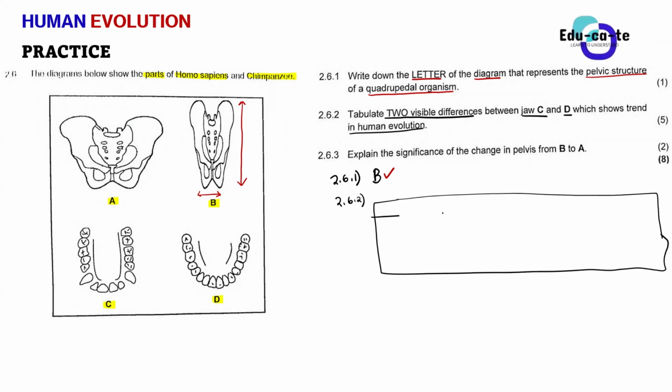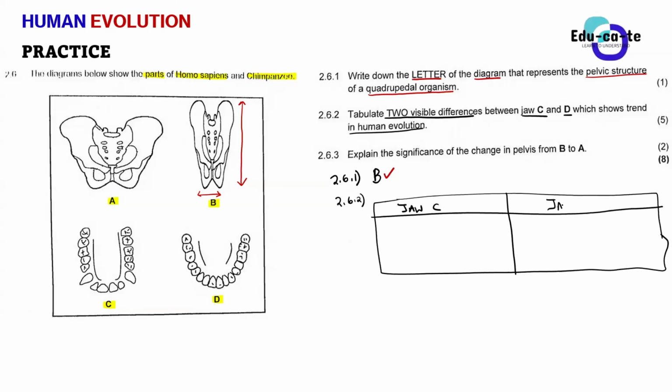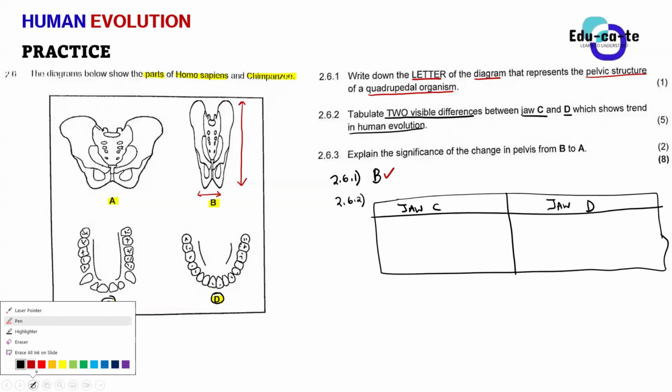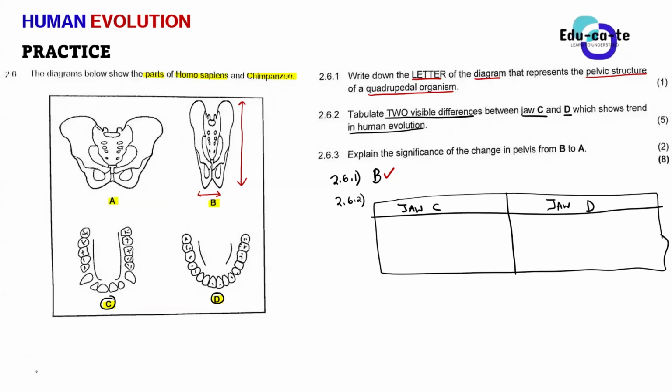And then they say we are comparing visible differences between jaw C and jaw D. So this is jaw C, this is jaw D. All right. When you look at them, what are the differences between them? What visible differences can you guys see from them?